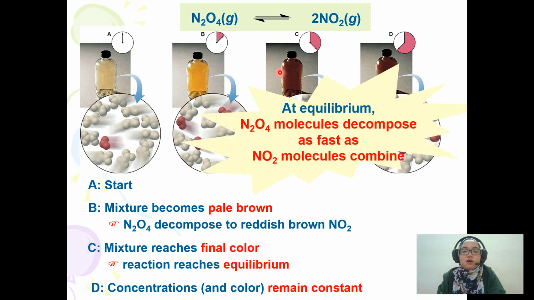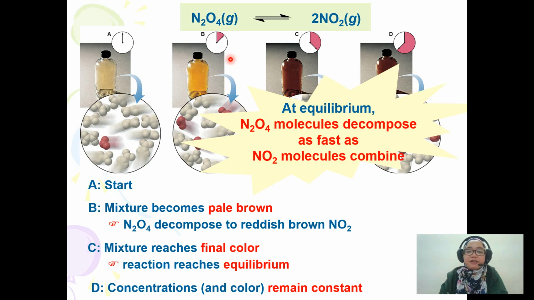Alright, so at equilibrium, N2O4 molecules decompose as fast as NO2 molecules combine. So, the rate of N2O4 decomposing is equal to the rate of NO2 combining back to form N2O4.